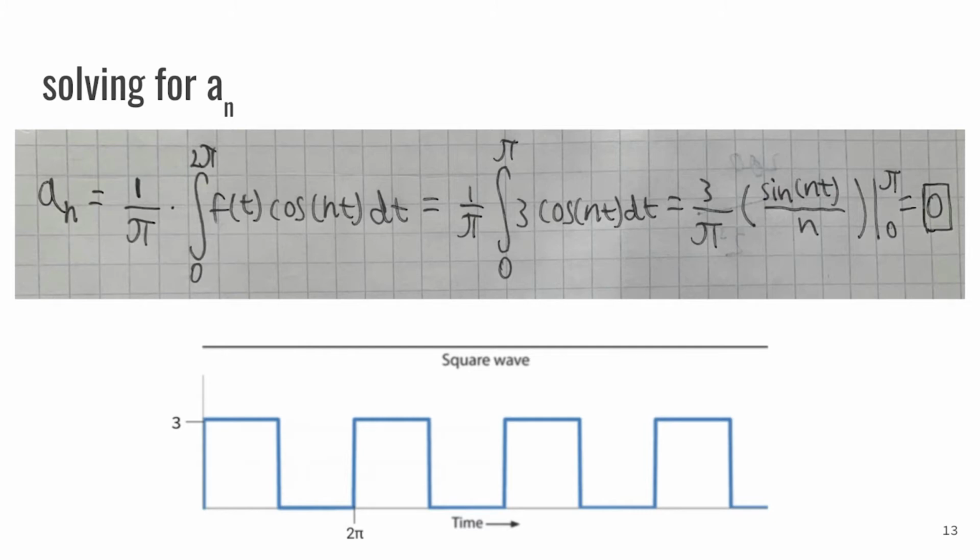And because the second integral equals 0, we get that a of n equals 1 over pi times the integral from 0 to pi of 3 cosine nt dt, which then equals 3 over pi times sine nt over n, evaluated from 0 to pi. And because the sine of any multiple of pi equals 0 and the sine of 0 equals 0, we get that a of n actually equals 0. And this means that the series for the square wave function doesn't contain any cosines.